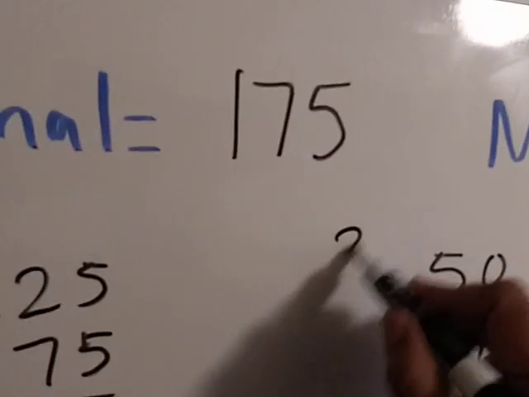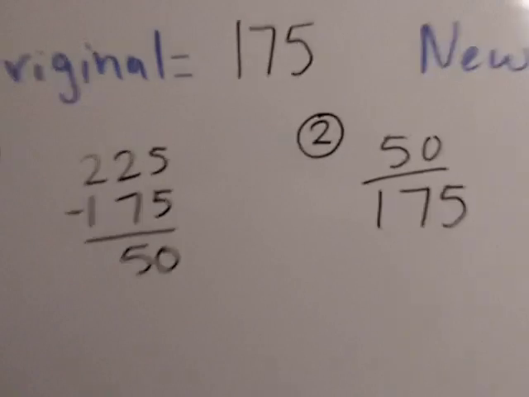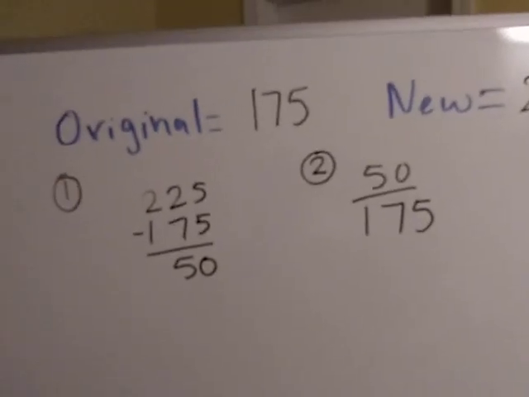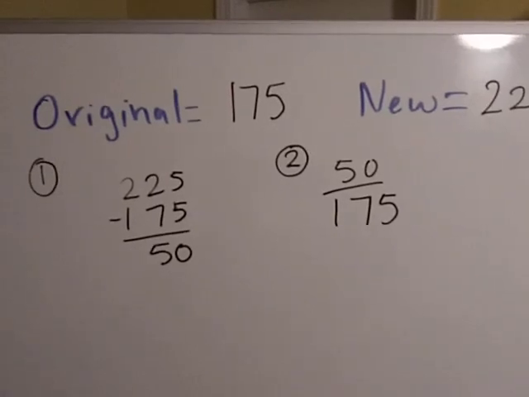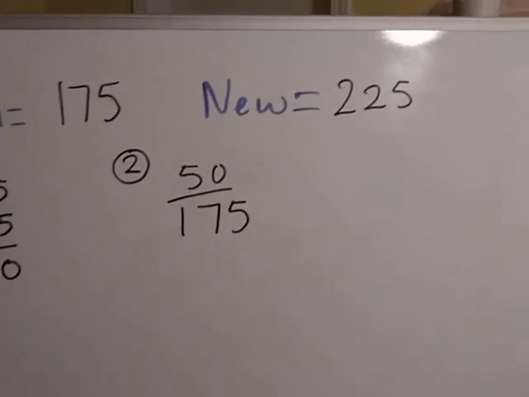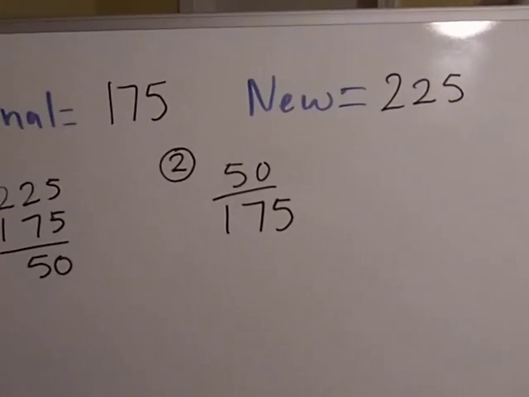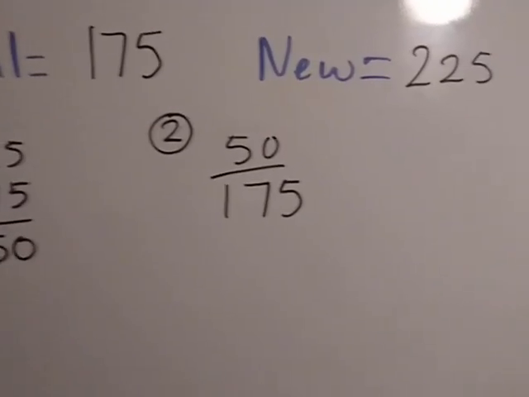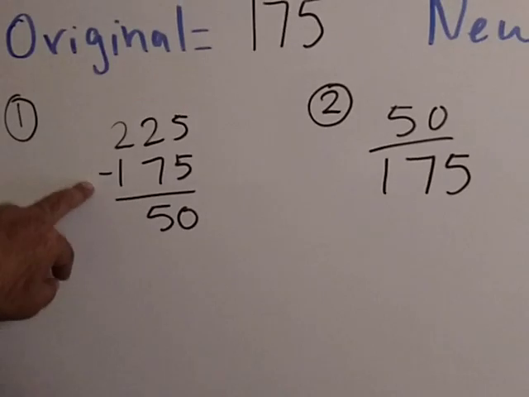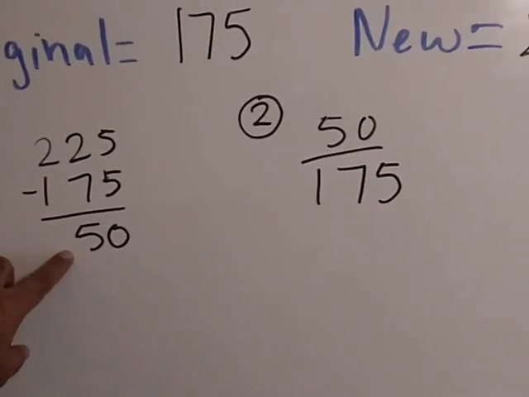Okay, let me take a step back so you guys can see everything. The original amount that she was earning a week was 175. She got an increase. Now she makes 225. So the first step was to determine the amount of increase, which was 225 minus 175 gives us 50.